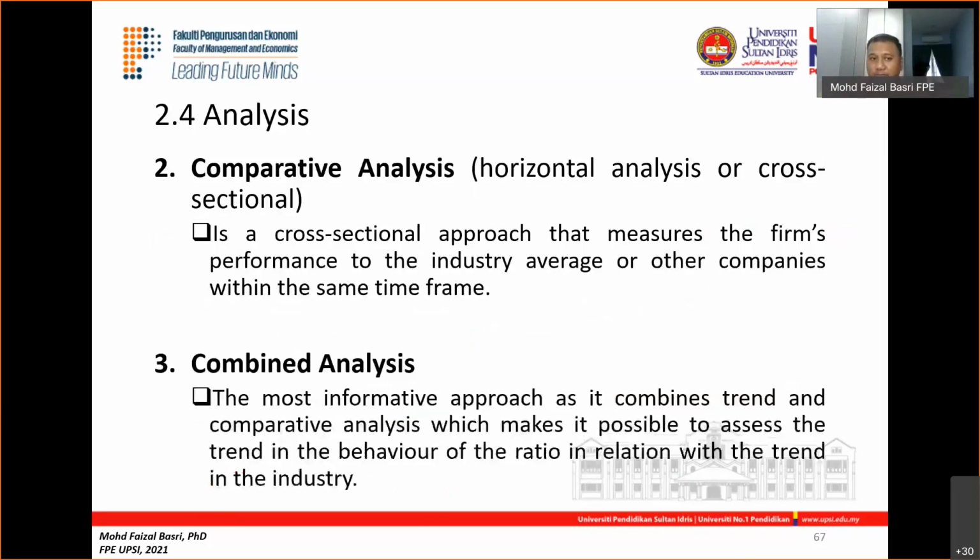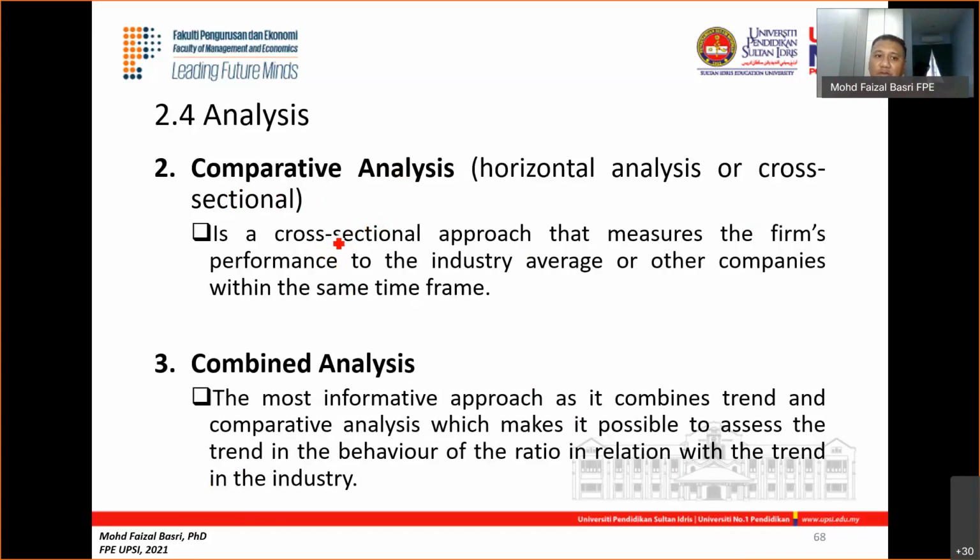Number 2, comparative analysis. One very easy example of comparative analysis is what we've done in the example just now, whereby we compare against the industry average. We compare one company against another company, or a reference, which is the industry average.